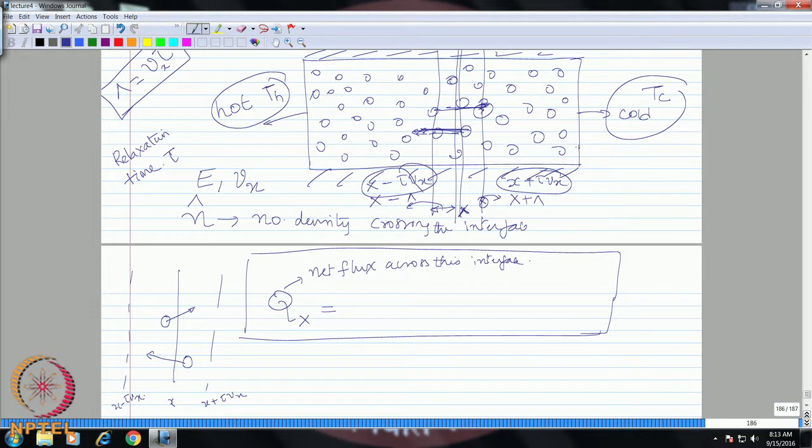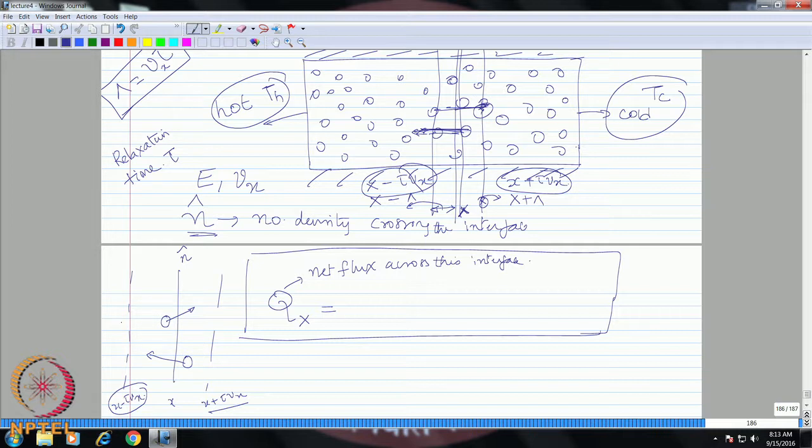Okay. If you therefore look at a number density, that is n cap, the number of molecules per unit volume, and if you say that these are present right now at somewhere around this interface, there is an equal probability that half of these molecules can travel towards the right and they can reach x plus tau Vx before colliding with the other molecule, and half of these can travel towards the left before colliding with the other molecule at x minus tau Vx.